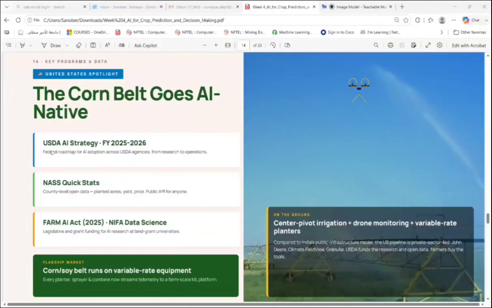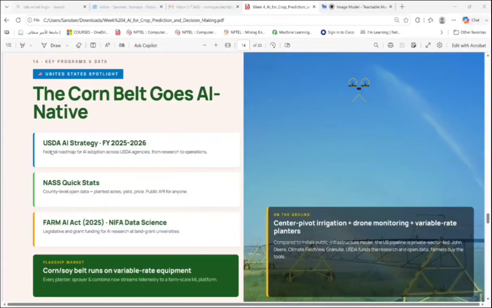Then we are comparing this with the United States. The United States has somewhat different agricultural technology. They have the United States Department of Agriculture, then the National Agricultural Statistics Service application program interfaces, APIs. Then they have Farm AI, and they also have the National Institute of Food and Agriculture. So in the United States, agricultural AI is often driven by private technology companies, equipment makers, and farm management platforms.